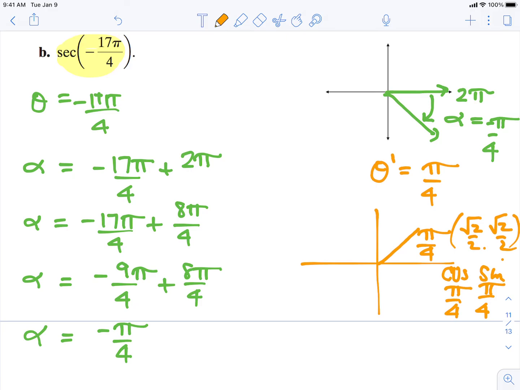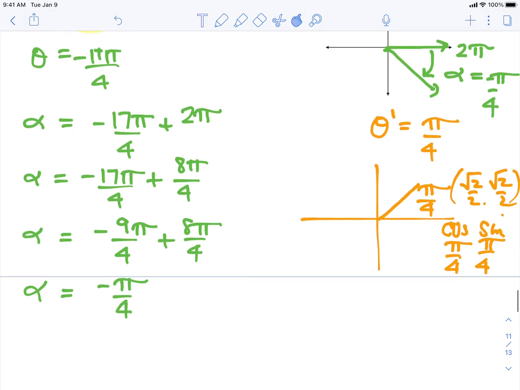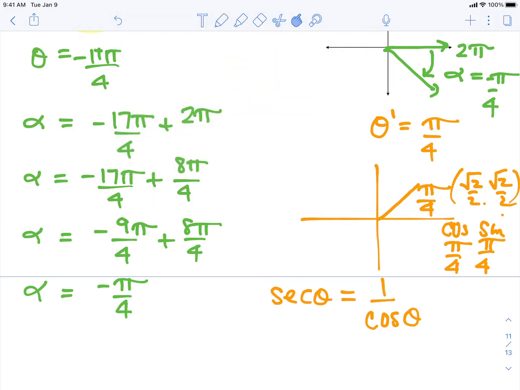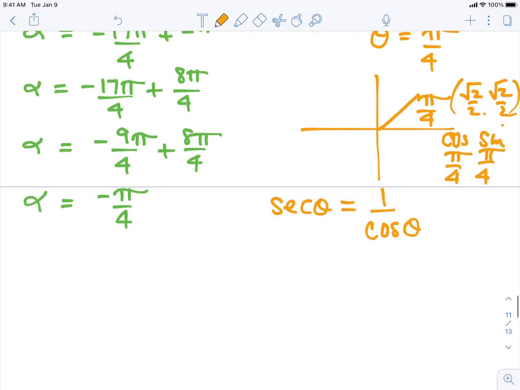So secant is the reciprocal of the cosine. So this angle for its ordered pair down here is going to be a positive square root of 2 over 2 and then a negative square root of 2 over 2.